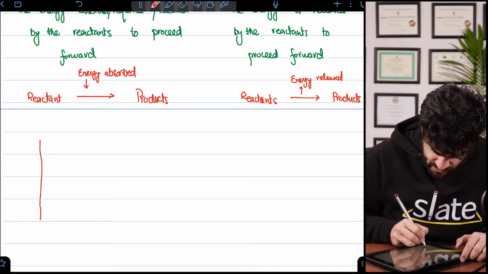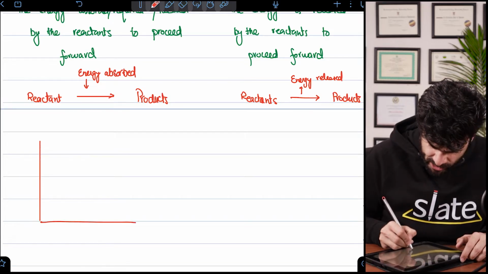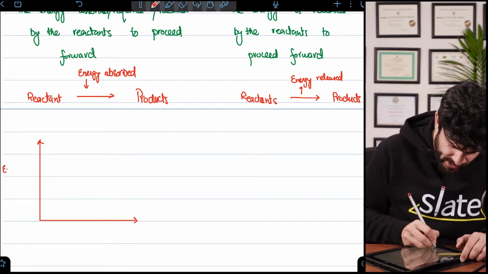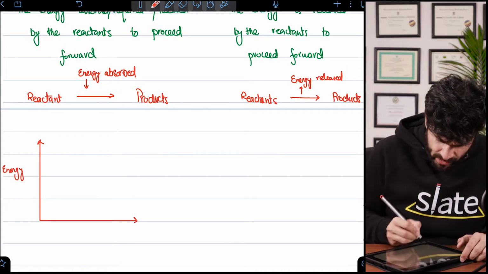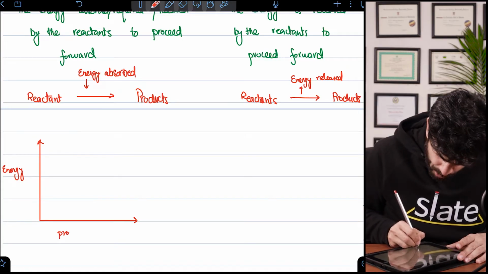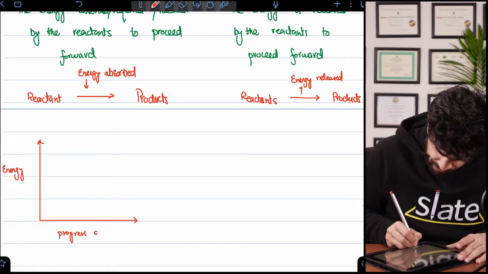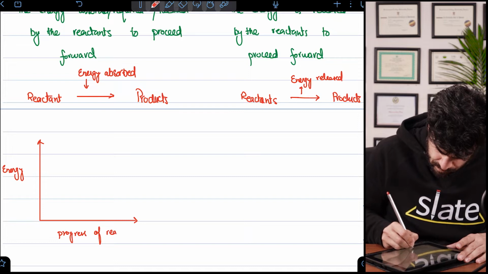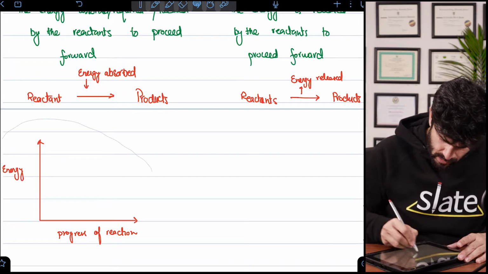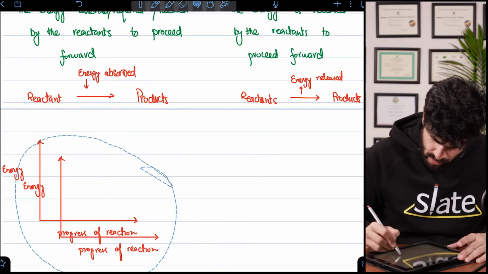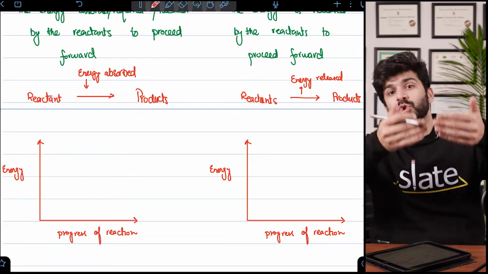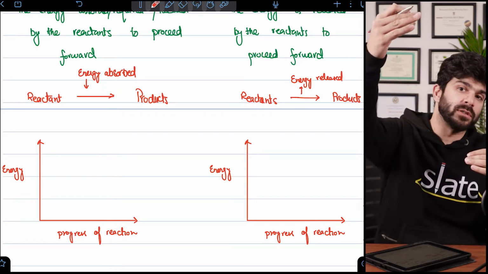If this is the energy profile, on y-axis we take energy, on x-axis it's the progress of reaction. So know for sure, students, reactants absorbed energy and then became products.